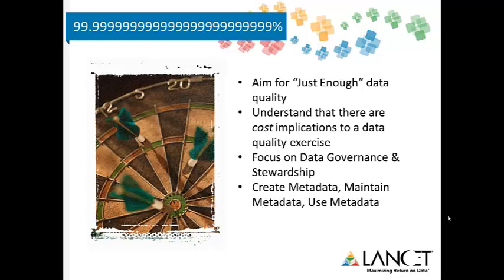Now the next step from there is we have to aim for what is just good enough, right? And that varies for everybody, but talking about it in terms of just enough data quality is the way that you want to go. We all have to understand that there are cost implications to any data quality exercise, and that sort of statement is a lot of the heart of what we'll get to in our session today.